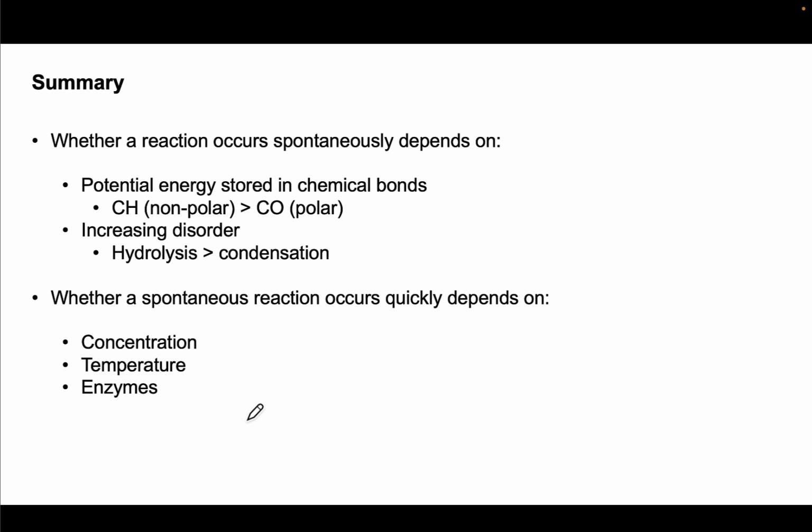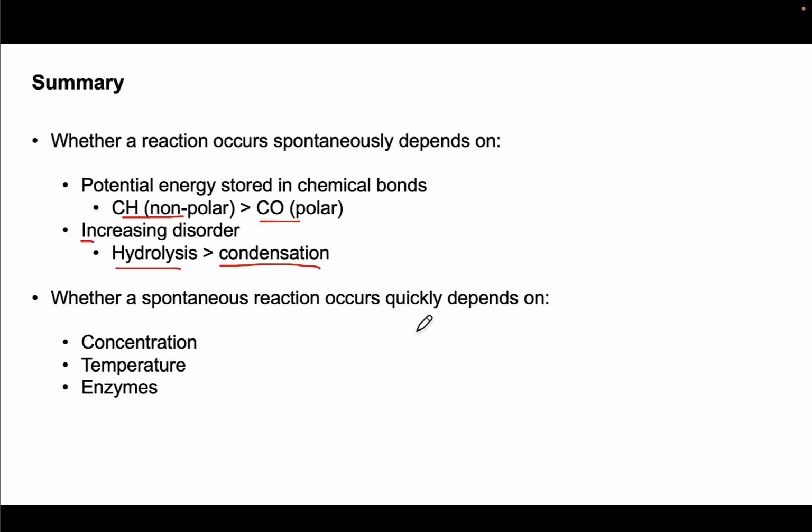So in summary, whether a reaction occurs spontaneously depends on potential energy stored in chemical bonds, with higher potential energy in nonpolar bonds compared to polar bonds, and also increasing disorder. An example of this is a hydrolysis reaction where you're releasing a monomer, versus a reaction that decreases disorder, which would be condensation and the building of a polymer.